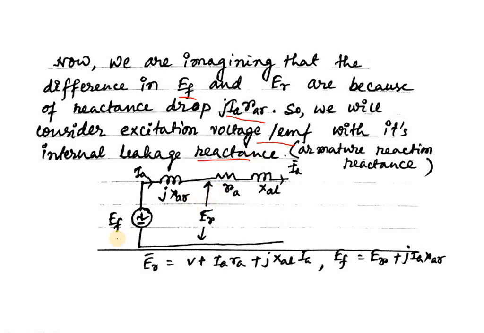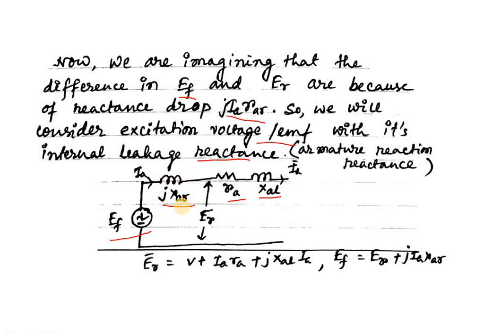We replace EF with this voltage jIAXAR, along with RA and XAL, where jIAXAR is the armature reaction reactance drop.